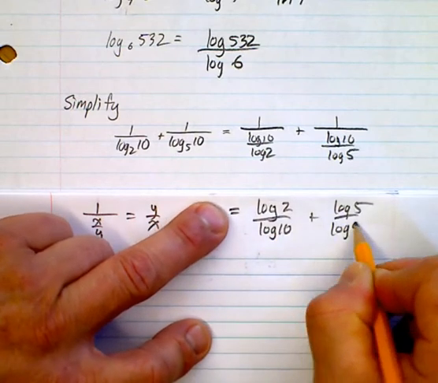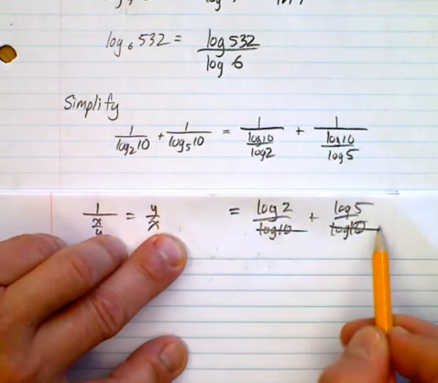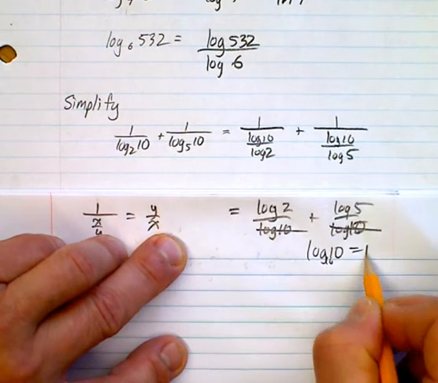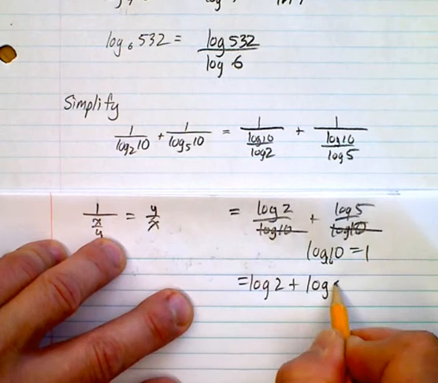Log 10, that's 1, because log 10 is log base 10 of 10, which is 1. So this is simply log 2 plus log 5, and you can solve it from there, right?